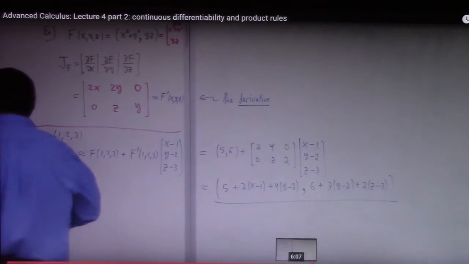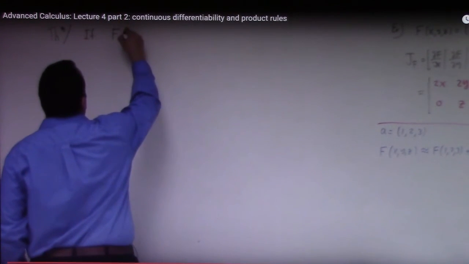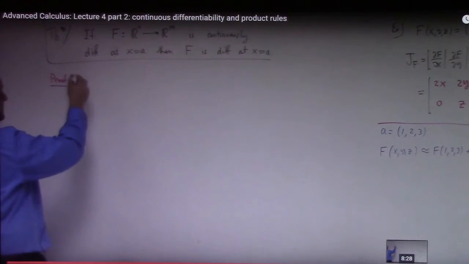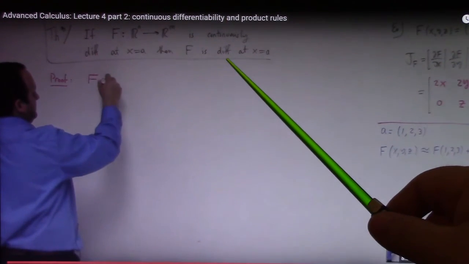Now, in the next lecture, I'm going to talk about a theorem, which is that if we have a continuously differentiable function at a, then f is differentiable at a.